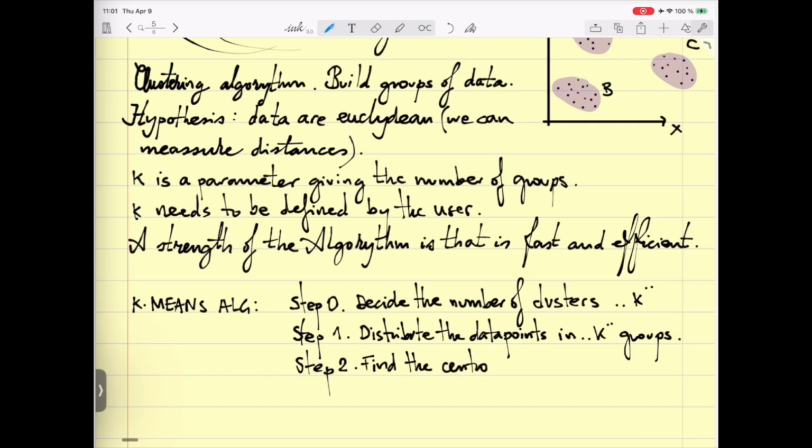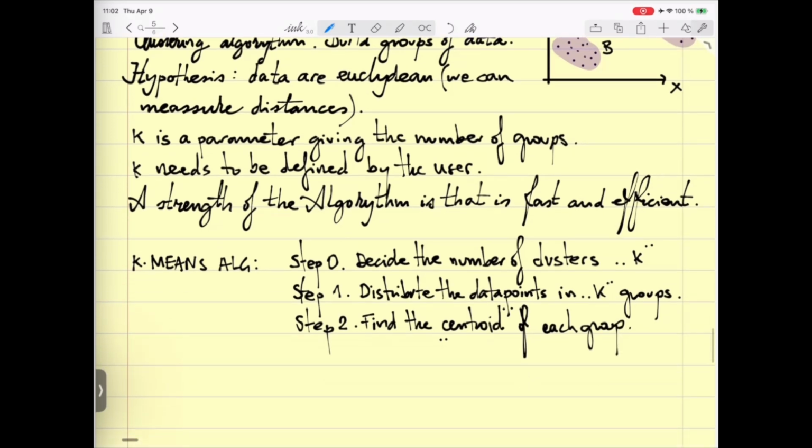This is the mathematical term for the center of gravity, or die Schwerkraft, Mittelpunkt, of each group. It has different meanings or different concepts to it.